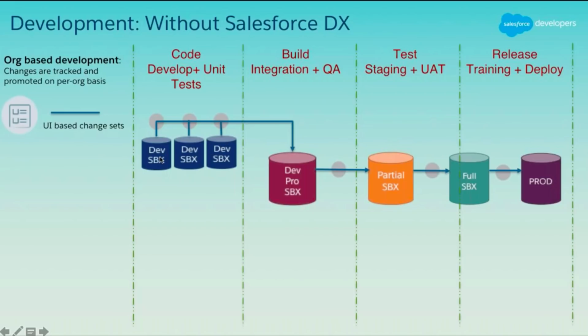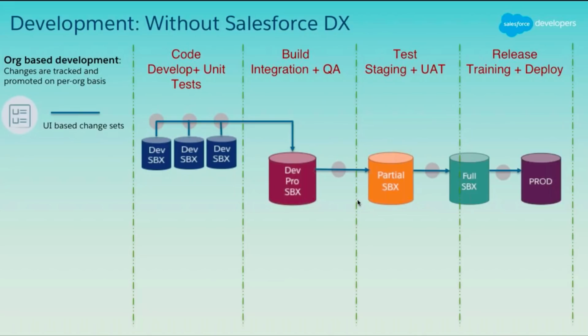Maybe different developers are working on the project, so each developer will be working on his own developer sandbox. All the changes made from these developer sandboxes can be promoted to the developer pro sandbox, which can further be promoted to staging sandboxes, and then finally you can deploy to production. This is how the general development works in our conventional Salesforce way.